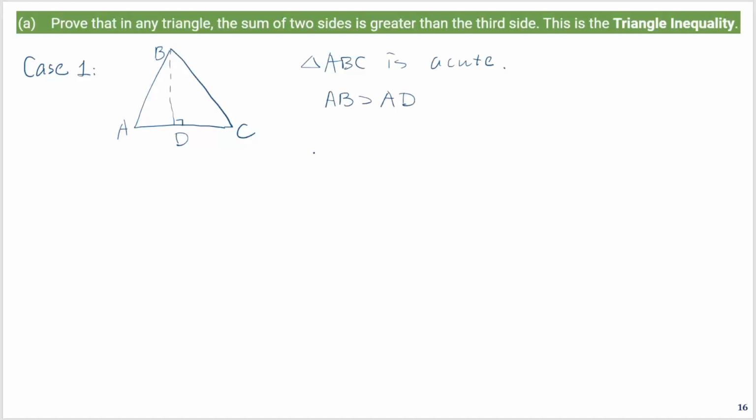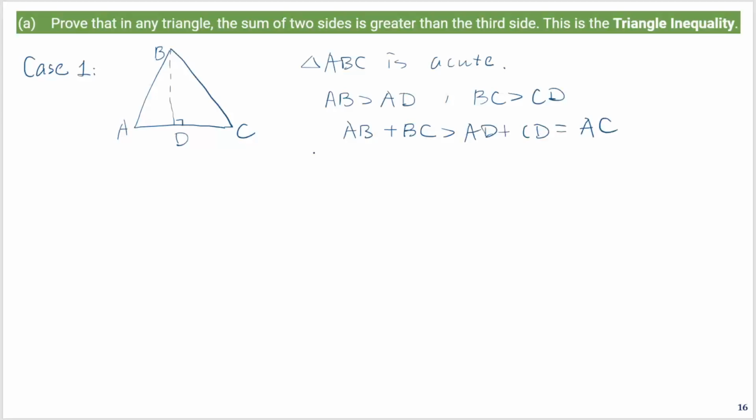This is what we have learned so far. In the right triangle, AB is greater than AD, and BC is greater than CD. Adding these gives us the desired AB plus BC is greater than AD plus CD, which equals AC, right?